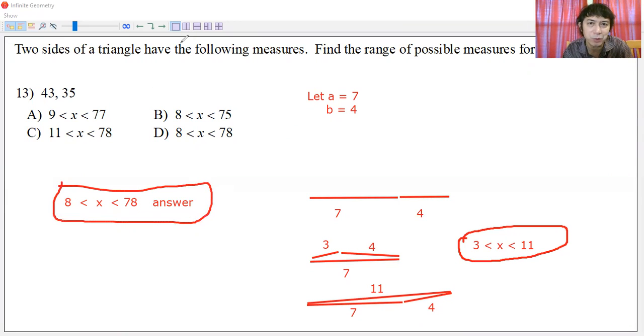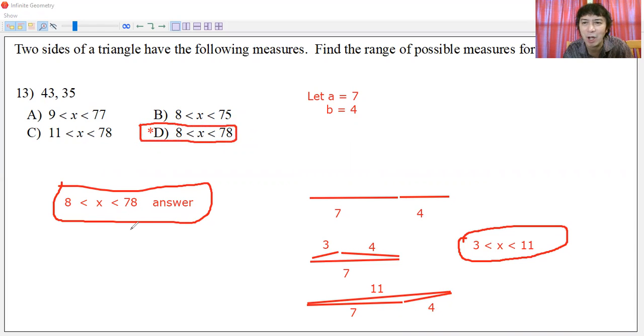And let us see the computer's answer. You can see the asterisk there. So the computer's answer is this.